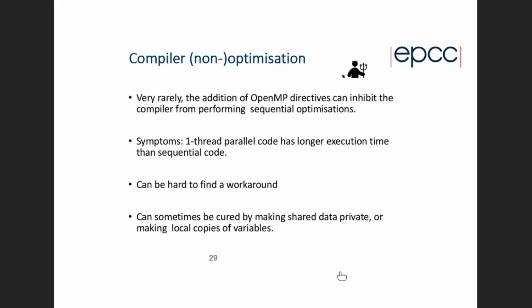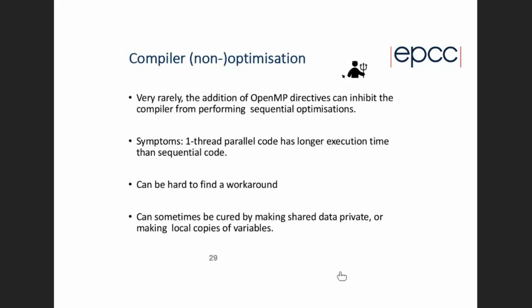Okay, so the final one is hopefully one that you'll never see, but just in case, so that you're aware that this can potentially happen, OpenMP can very occasionally cause problems with compiler optimization.